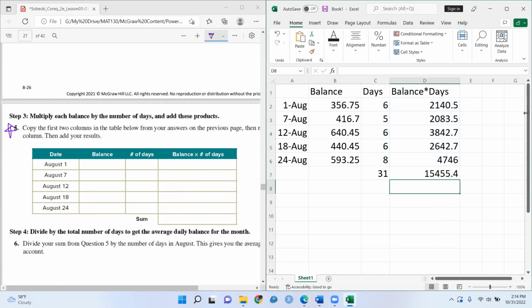This is the dollars per day sum, and then we're going to get the average daily balance by dividing these. So we take this value and divide it by this value, and we averaged a 498.56 balance for all of August. That's the average daily balance.